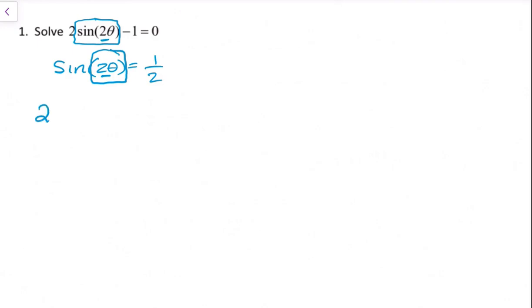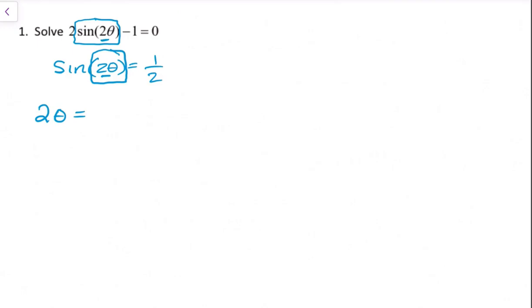So that something, 2 theta, is equal to what? And that is, what are the angles where sine is equal to a half. So I'm thinking about my unit circle between 0 and 2 pi, where the sine value is equal to a half.